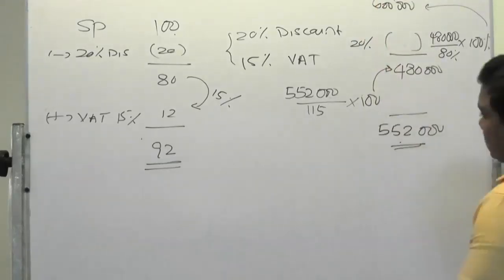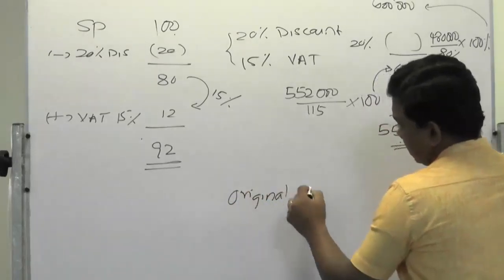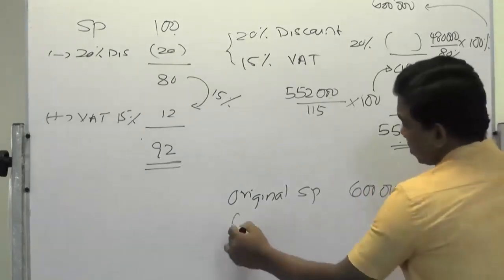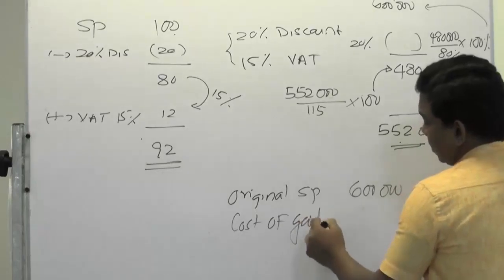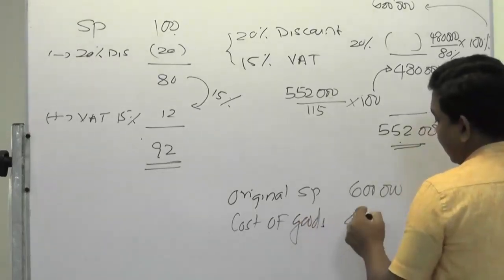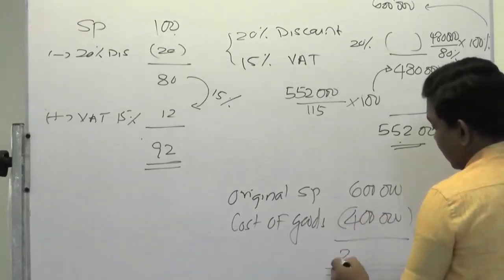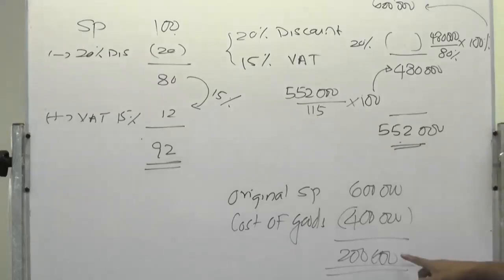Clear? Therefore the original selling price is 600,000, and according to the question, cost of goods sold is 400,000. Therefore total markup would be 200,000, right. Total markup would be 200,000.